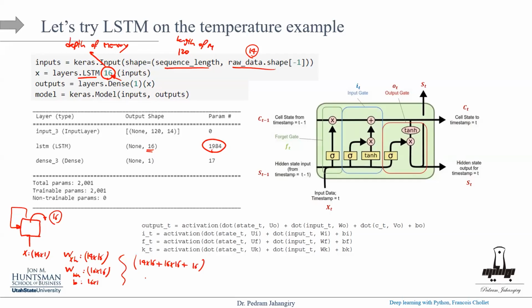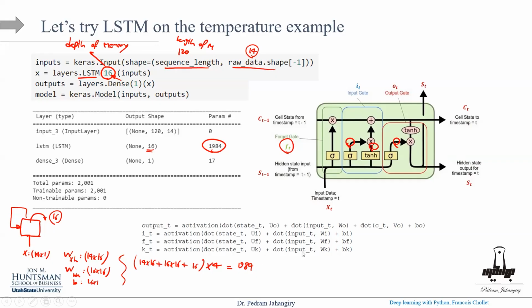Okay, for LSTM, how many of these sets of weights do we have? 4. One for this, one for this, one for this, one for this. You see that? So I need to multiply it by 4. Use your calculator, you're going to get 1984.